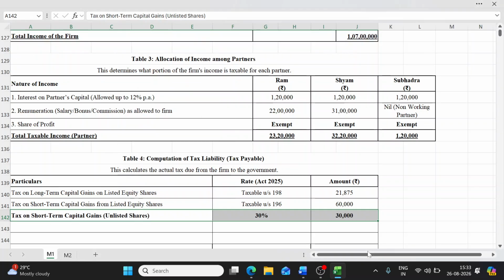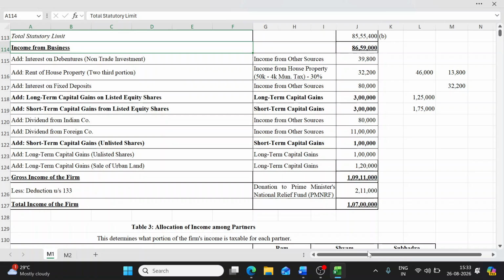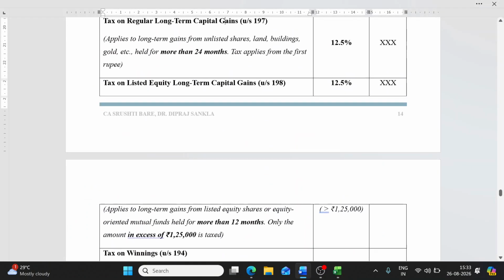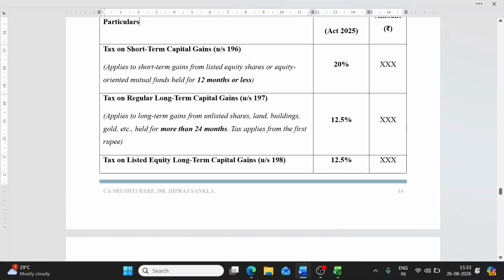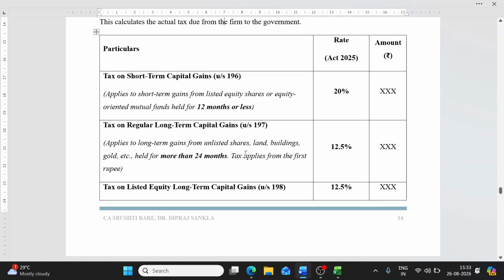Okay. So 30,000. Now the next in the income list is long-term capital gain unlisted shares. I'll make it bold first. I'll show you the section number 197 if I'm not wrong. So long-term capital gain on unlisted shares, land, buildings, gold, etc. held for more than 24 months, then the tax rate is 12.5%, but there is no exemption limit.